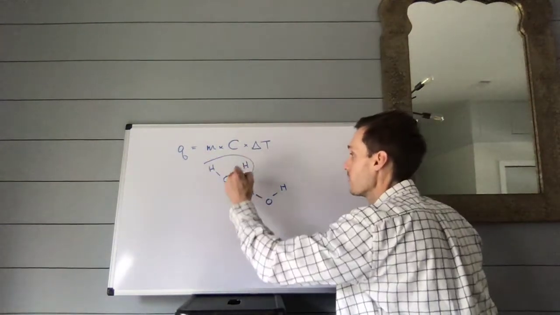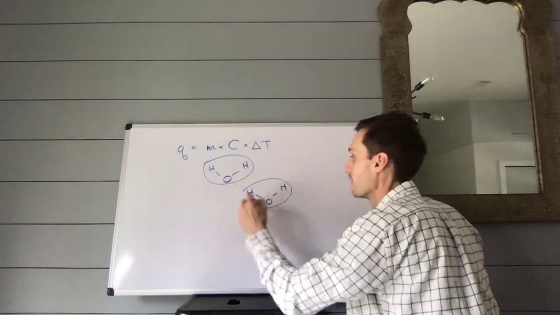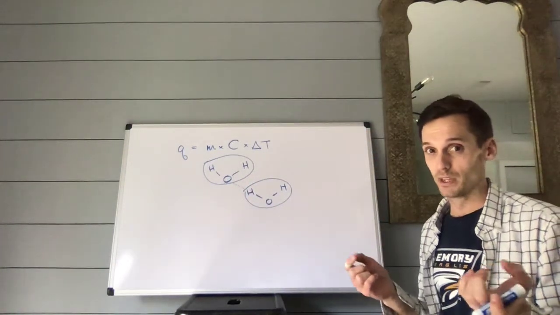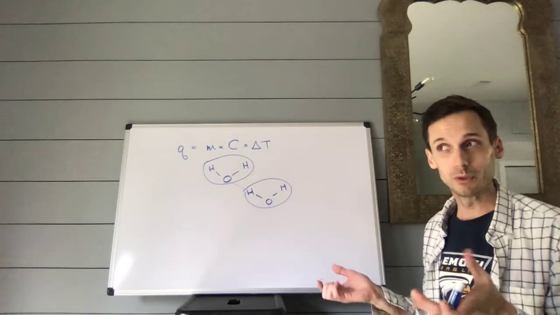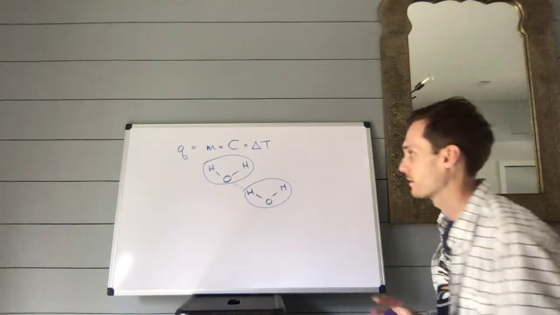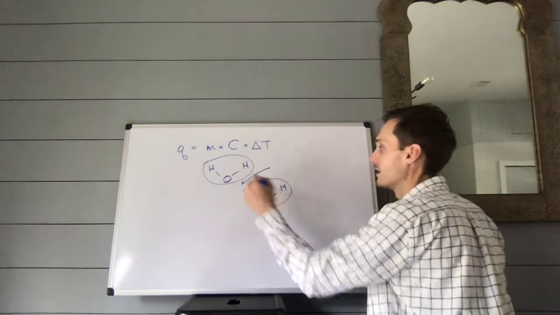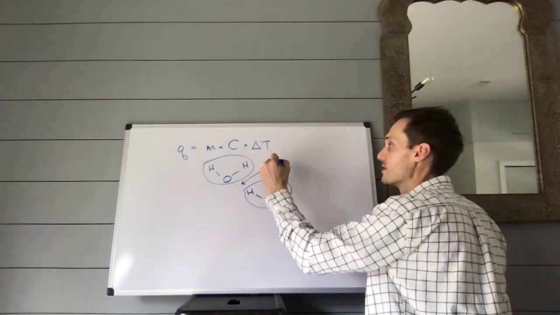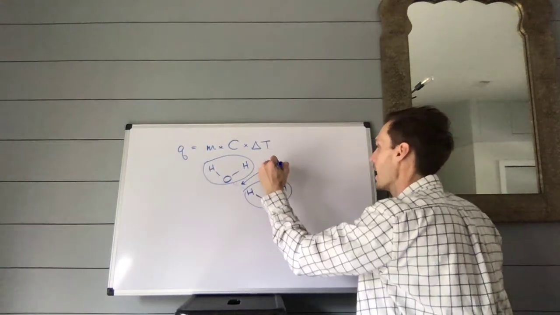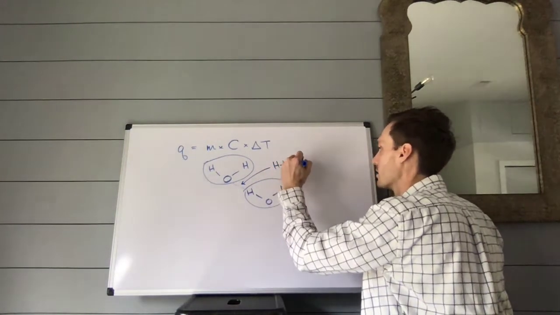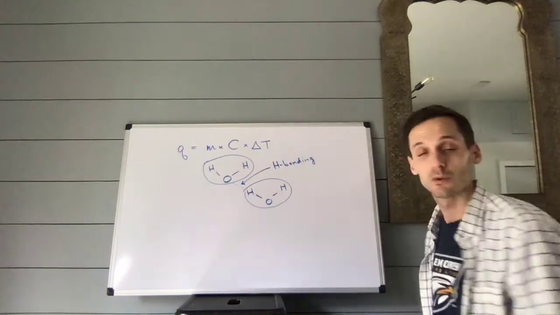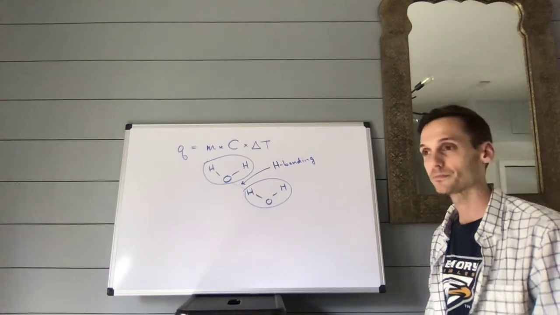We have this one water molecule here and this other water molecule there, and they are interacting with each other through, good, intermolecular forces, right? This little dotted line I drew here represents what type of intermolecular force? Good, hydrogen bonding. Okay, so there's hydrogen bonding going on. That's an attraction between the two water molecules.